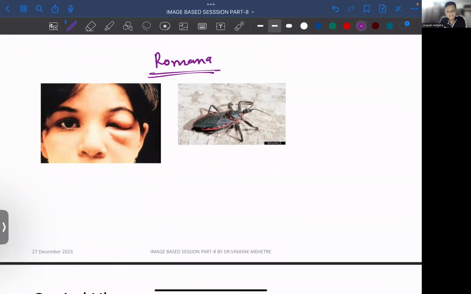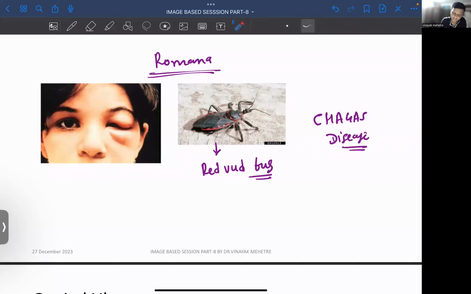Romana sign is seen in Chagas disease. Cause क्या है? Yes, it is the red wood bug. The red wood bug is actually not red. The borders are red. Confused नहीं होना है. This is the insect. Image भी पूछे जा चुके हैं.